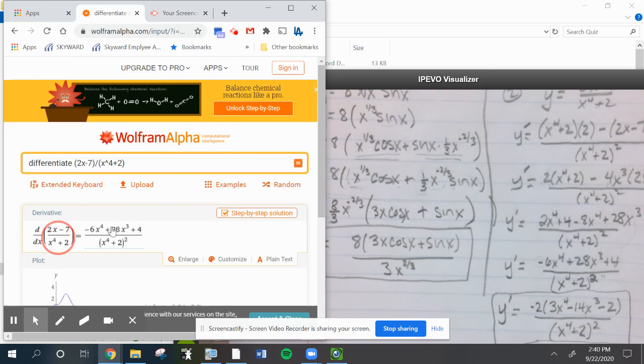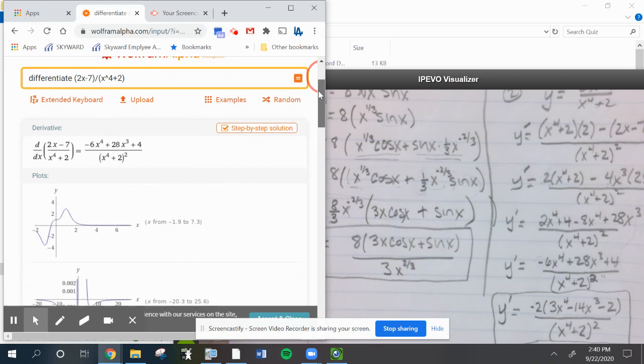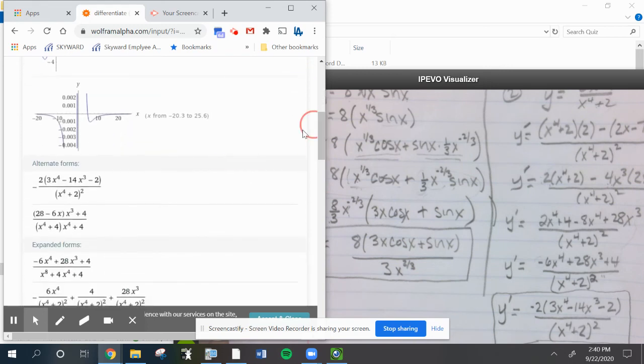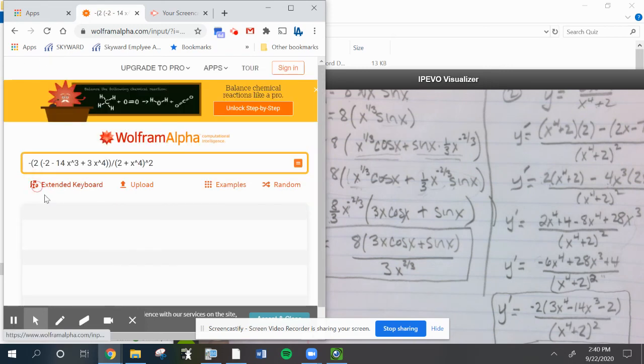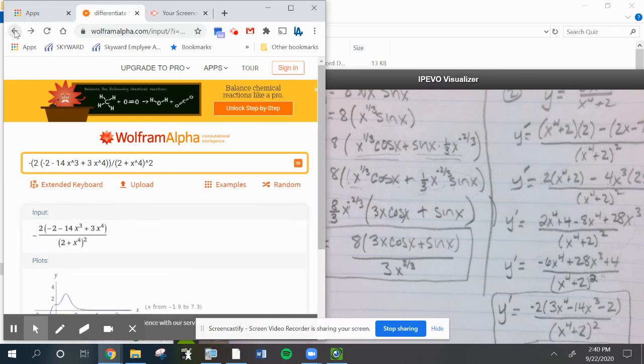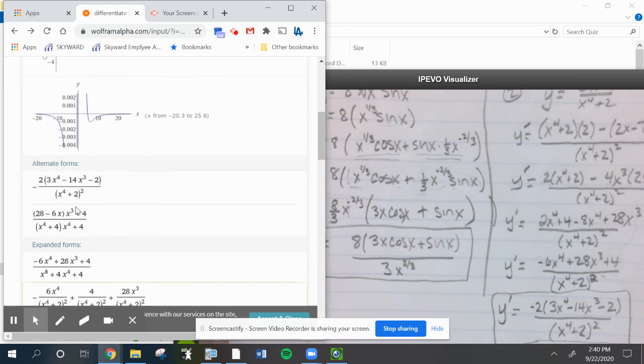And then look at the answer. The answer looks a lot like my unsimplified form. Usually Wolfram Alpha will simplify it, and usually down here we'll see an alternate form, which you do right here. I clicked on that, and all right, here it is. And that looks exactly like my answer down here. So we're good.